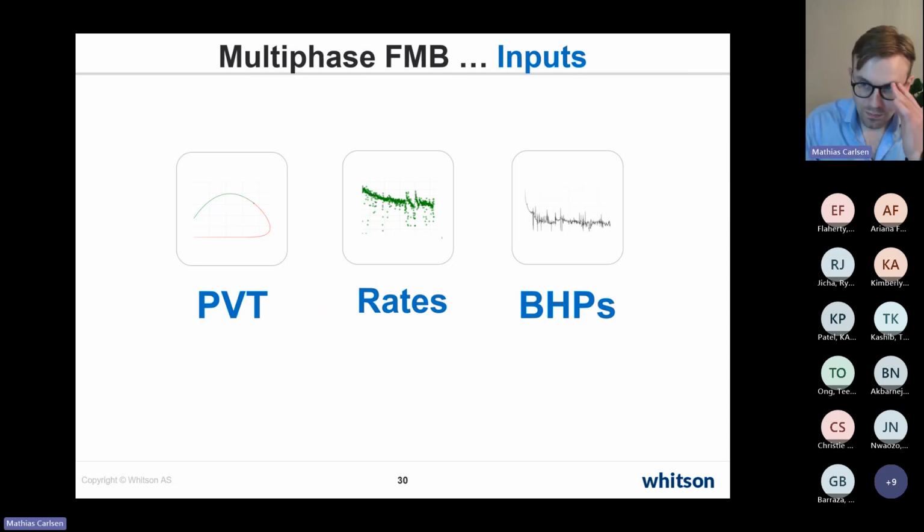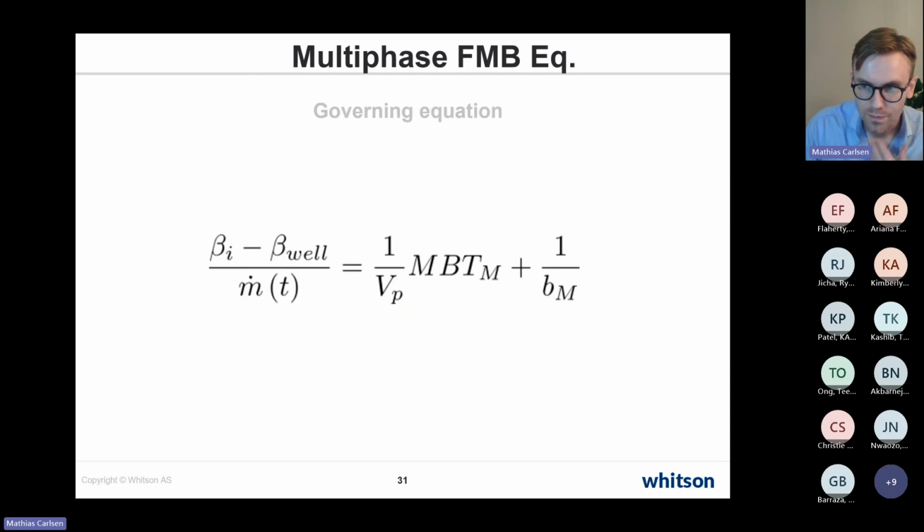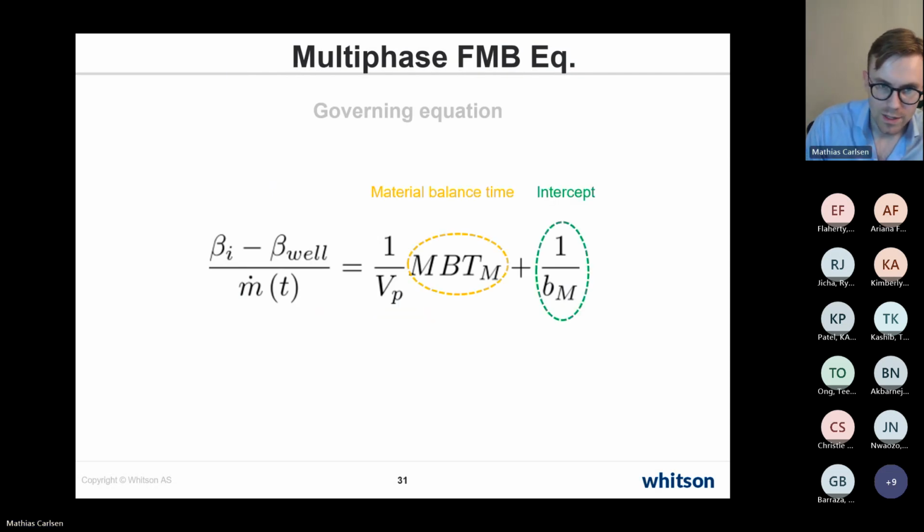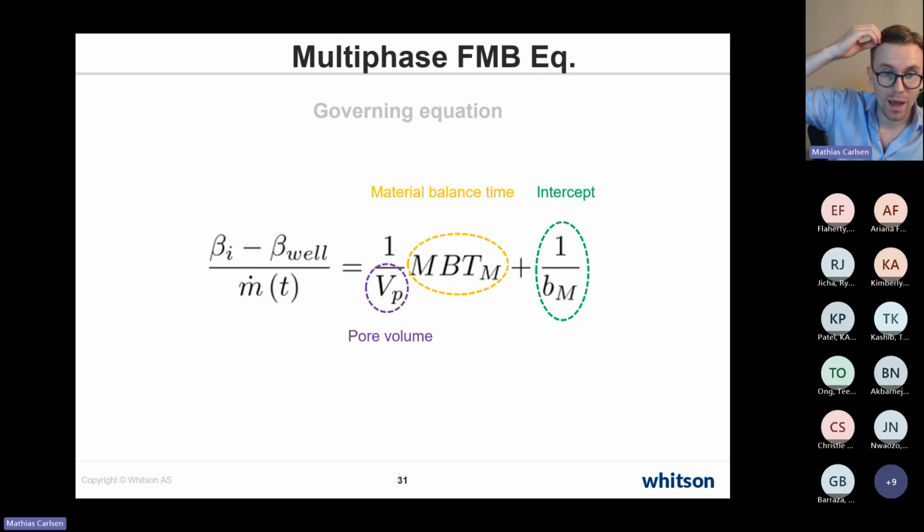The equation looks a little bit scary at first. But if you break it down, this is an intercept right here. This is material balance time. This is pore volume. So far, so good. An intercept on the y-axis, let's just forget about it. The material balance time, that's just a time function. If you've done any type of RTA, if you were in the RTA course, if you went to Texas A&M, if you've met Tom Blasingame, everybody knows what material balance time is.